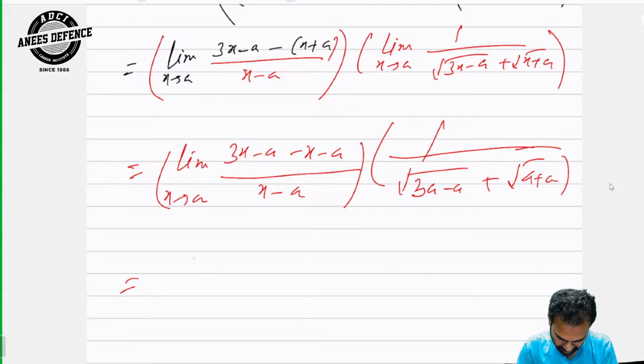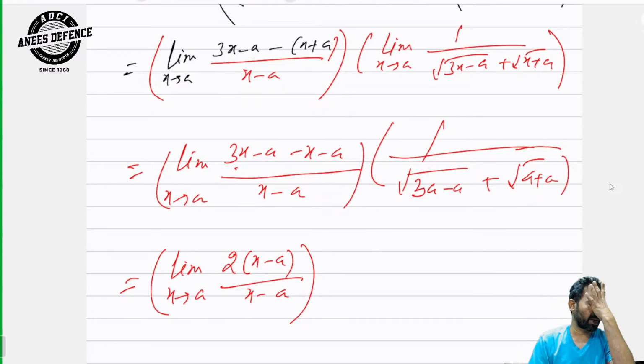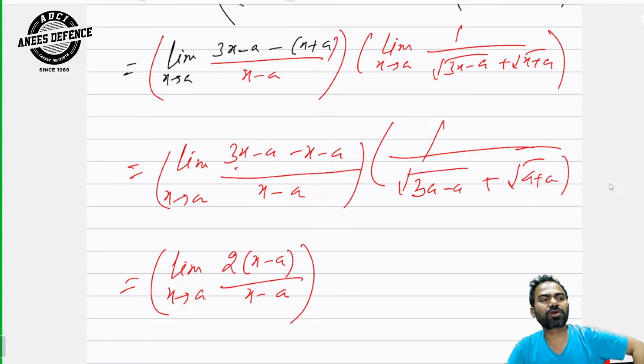Now 3x minus x, 2x, a minus a, minus 2a. 2 will be common, so x minus a upon x minus a. Same as for this, x minus x is 2x, a minus a is minus 2a. 2 will be common out. Okay, good enough.